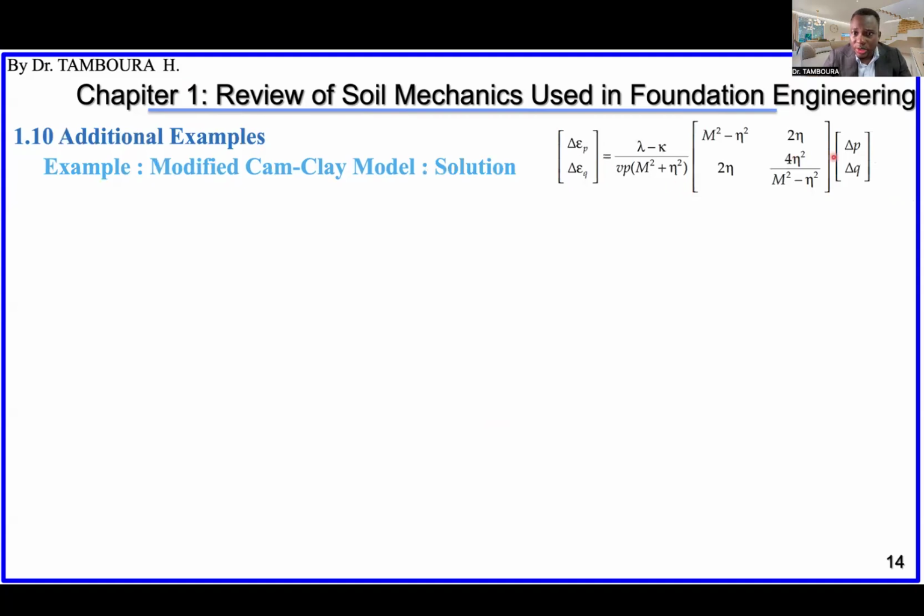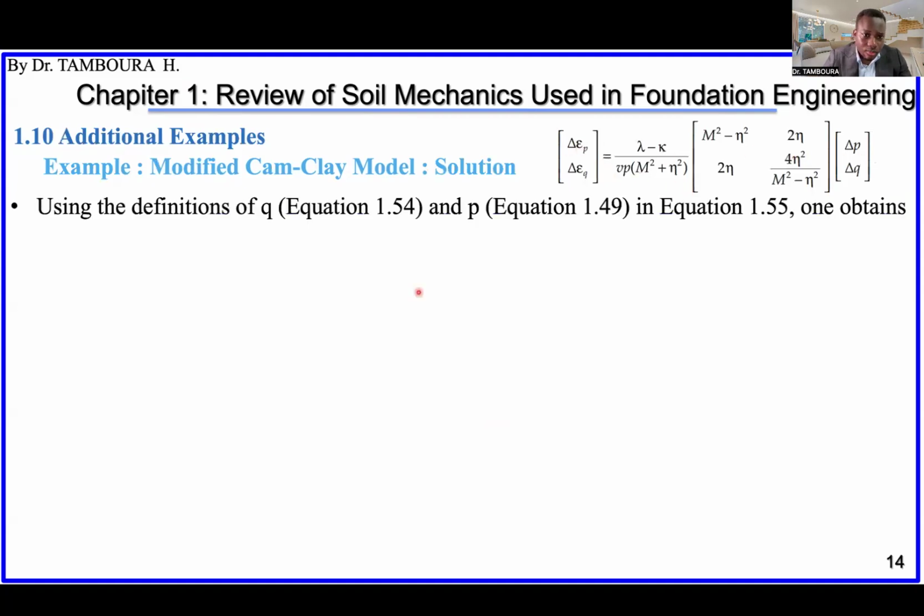Okay. I will keep this stress strain relationship here. So using these two equations, you remember this one, P and Q. This is the mean effective stress.